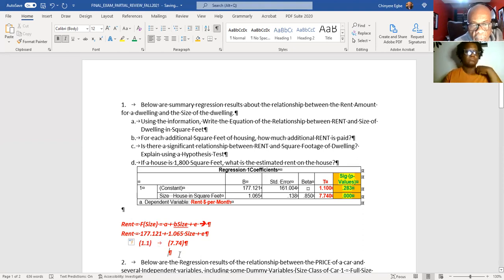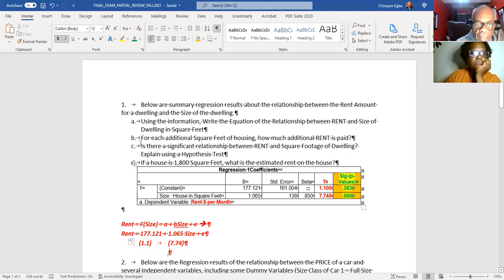So what does this mean? What it means, like we said, is that the basic rent begins from $177 for 0 square feet, and for each additional square foot, you pay $1.065. Now, the next question is: is there a significant relationship between rent and square footage of dwelling?